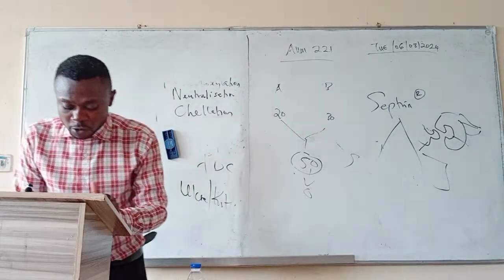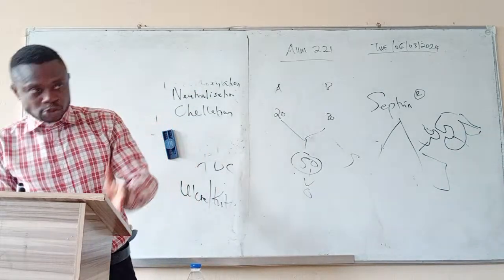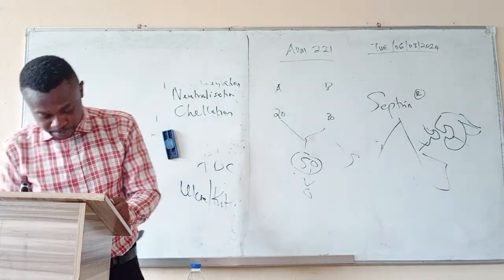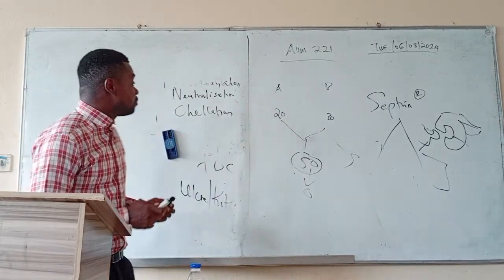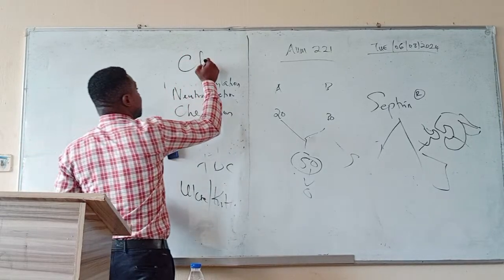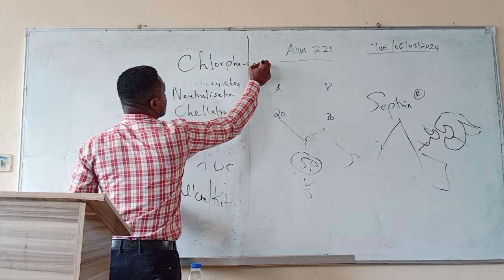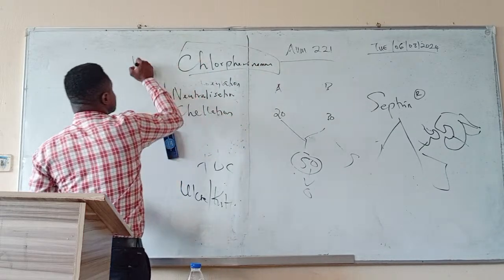Example, ephedrine and phenobarbital. There are many of them. Chloroquine and chlorpheniramine. Piriton is just a brand name of what? Chlorpheniramine. This is the generic name. Piriton is just the brand name.